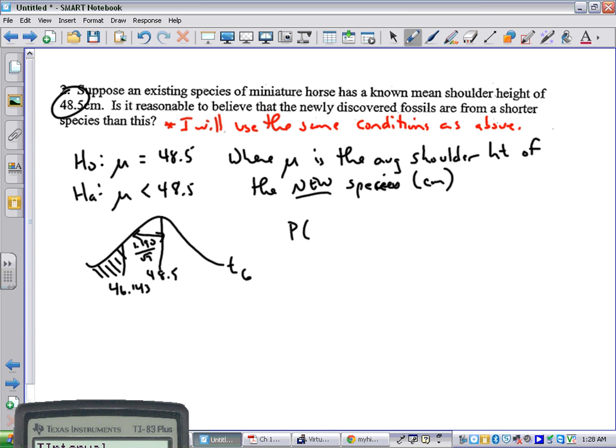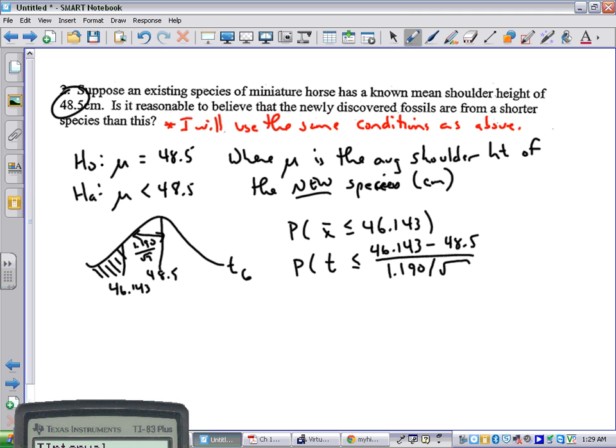So I want to know what's the probability my x bar is less than or equal to 46.143. When I standardize it, that x bar becomes a t, and it's x bar minus mu over s divided by the square root of n.